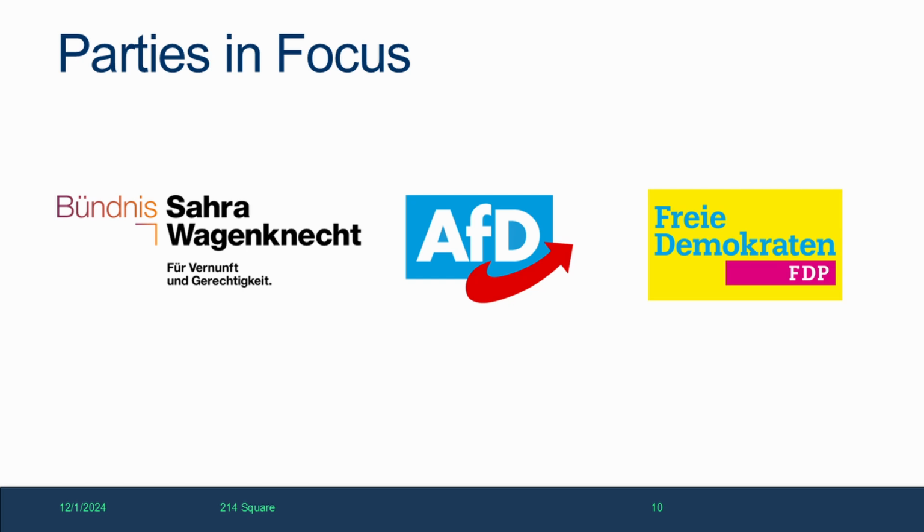We want to see how they're developing specifically after the state elections in Saxony, in Thuringia, and in Brandenburg. And then also after the implosion of the Ampel coalition, how will Free Democrats survive, or how will they perform in the Bundestag election? This will be interesting and we will follow it.